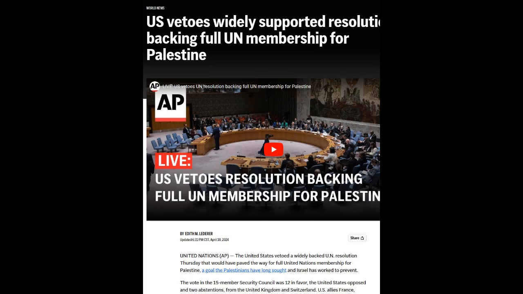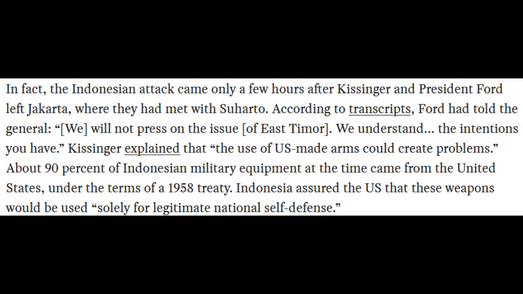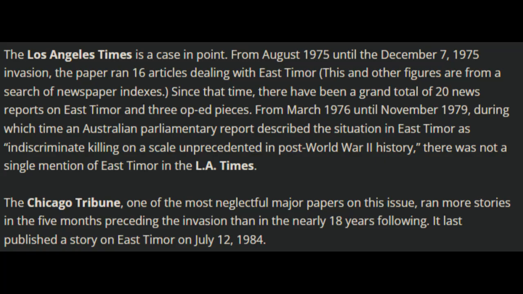Whereas, for example, for Indonesia, not only did they give them the weapons to do genocide in East Timor, but it's such a good case of manufacturing consent that it's in the book Manufacturing Consent by Chomsky and Herman.